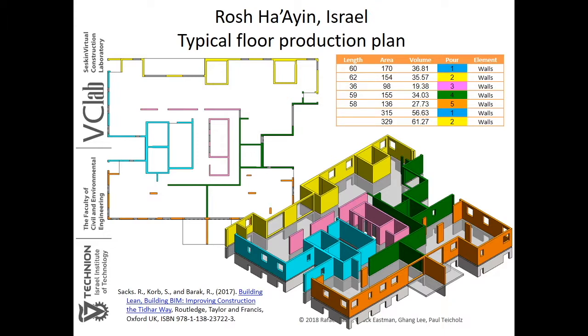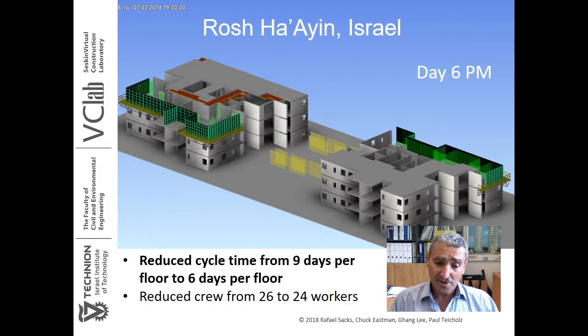And in this particular project, these were simulated out using 4D, and the result was a reduction in cycle time from 9 days per floor to 6 days per floor, with formwork being shifted from among 2 buildings which were very similar, albeit not entirely identical. At the same time, the crew was reduced from 26 to 24 workers.